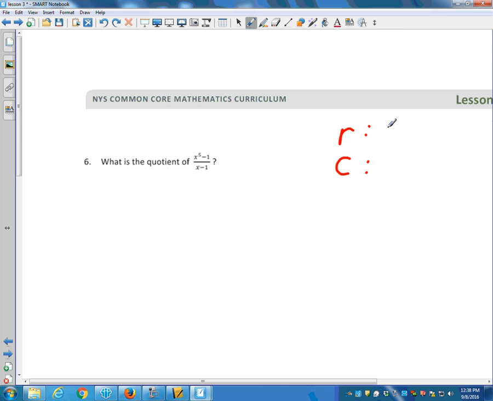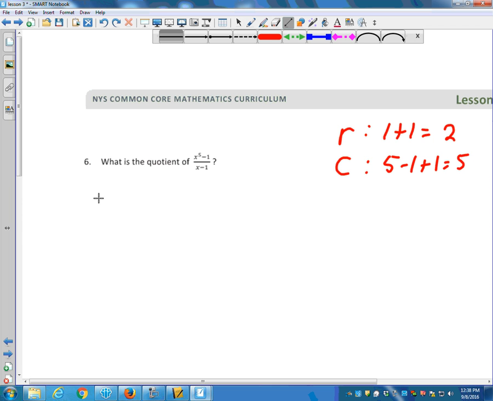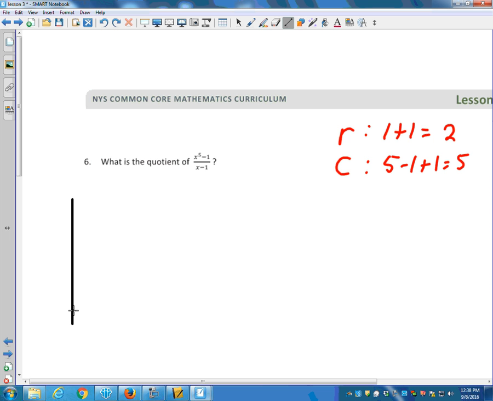Yeah, they take a while. How many rows? 2. How many columns? 5. 2 rows, 5 columns. Does everyone know what a row and a column is by now?